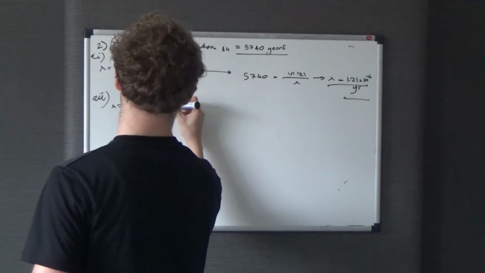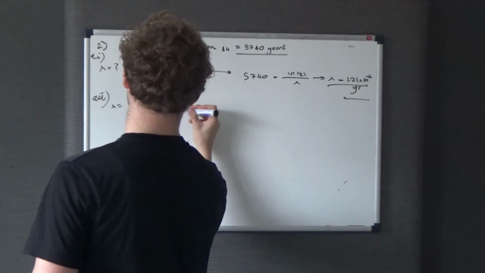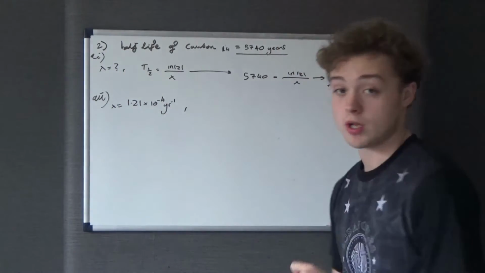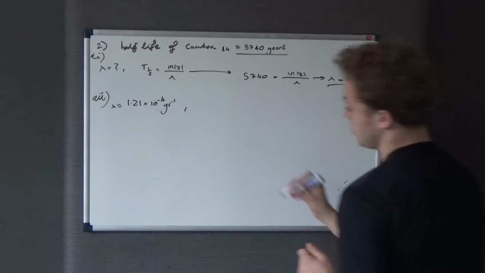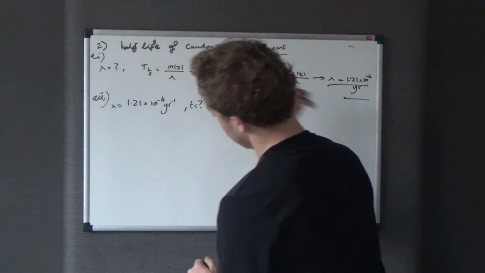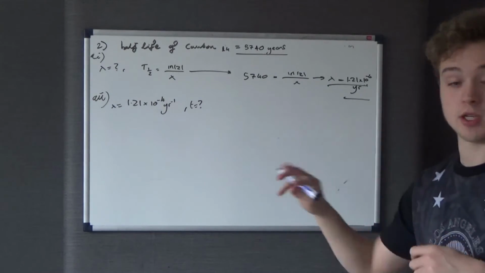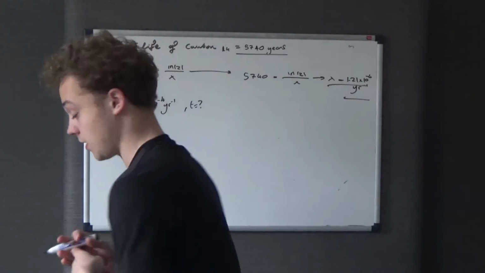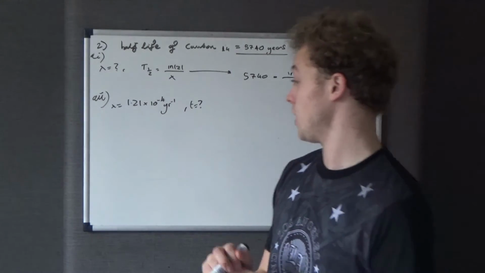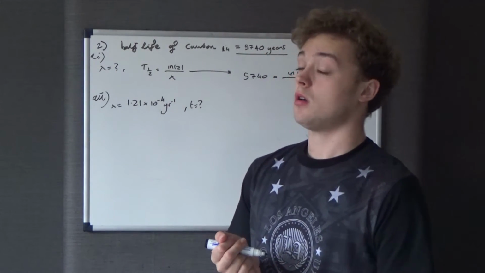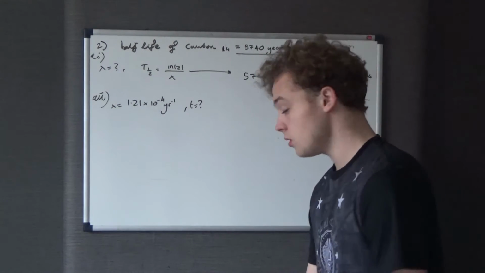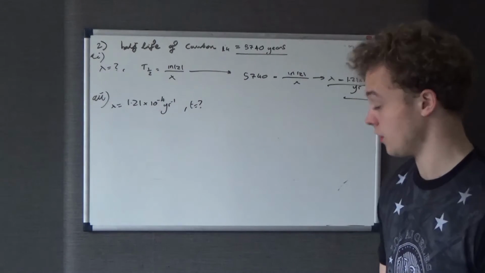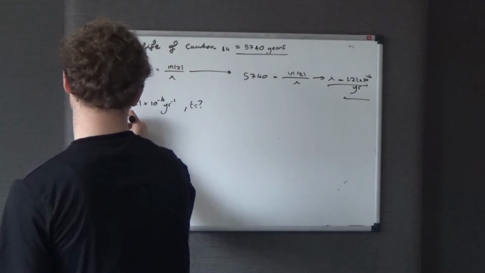So it's 1.21 times 10 to the minus 4 per year, okay? And we want to work out the age of the axe handle in years, so we want to work out t. How do we do that? The only equation linking these together is either the activity or the number of nuclei.